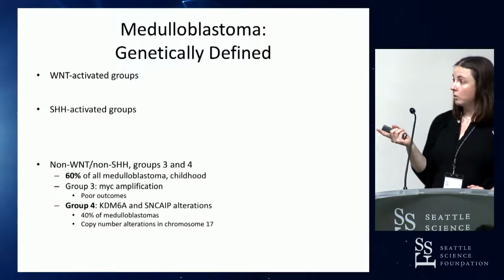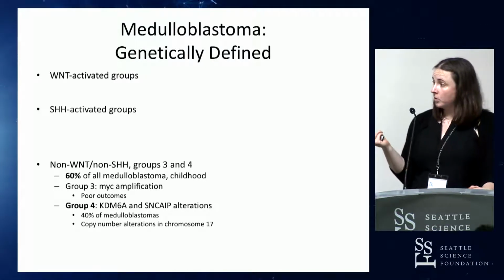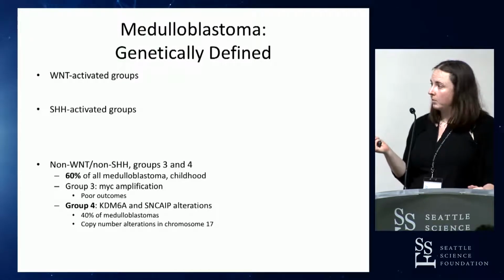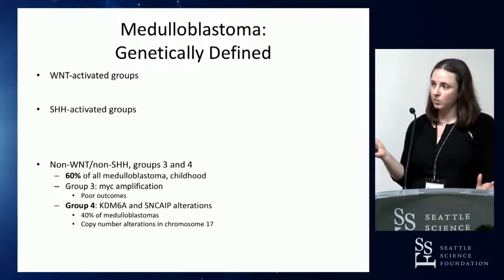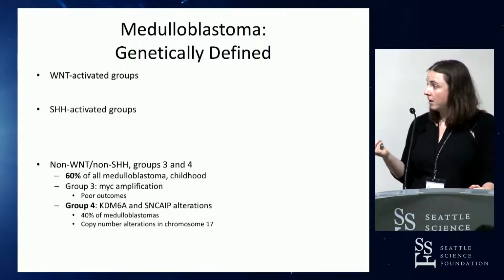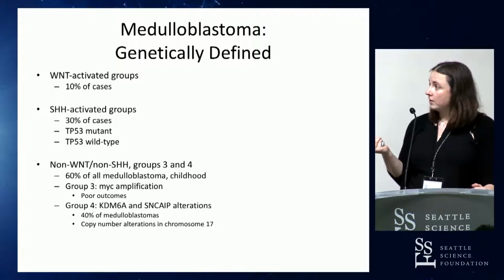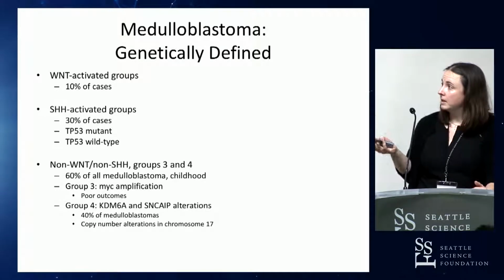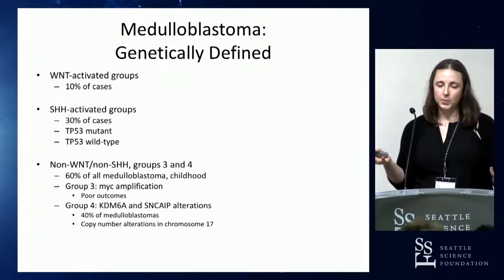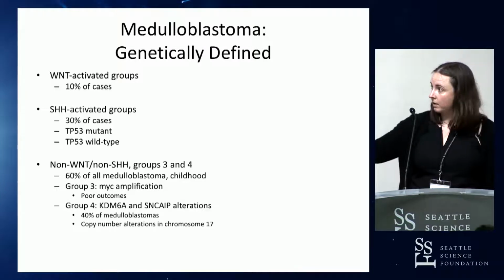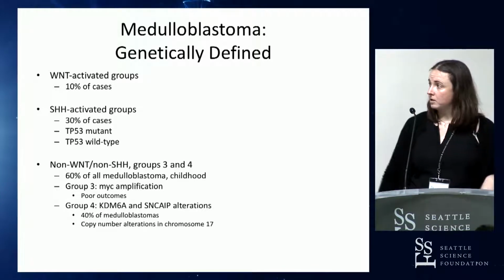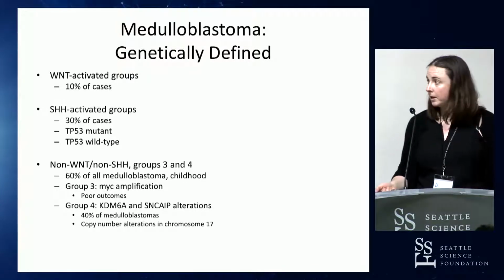Group 4 is still the most common, and chromosome alterations such as copy number alterations in chromosome 17 are still the most common finding in that subcategory. And then our SHH activated groups, as well as our WNT, have kind of a split of how many patients we see. And then our SHH group is further divided into P53 mutants and wild type.